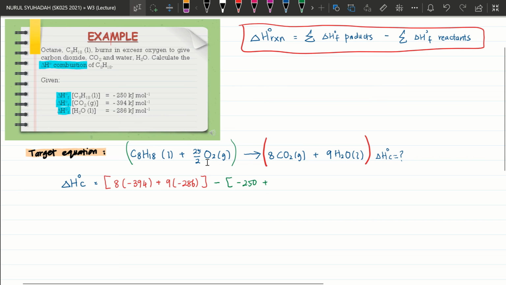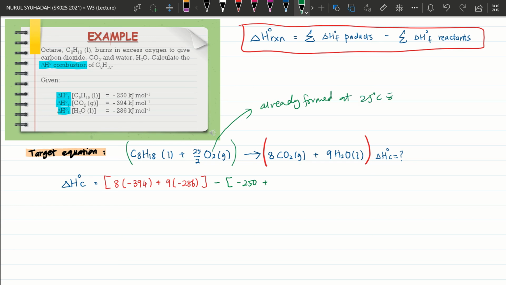You need to understand this oxygen over here is already formed at 25 degrees Celsius and 1 atm pressure, meaning at normal room temperature, it already exists. We don't have to make it, we don't have to form it.